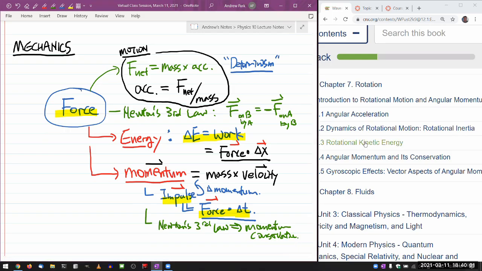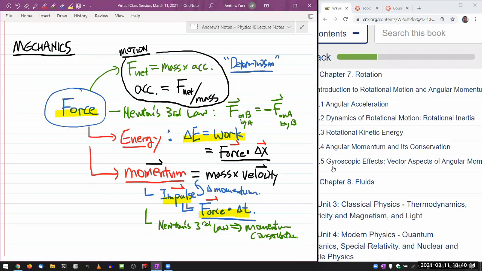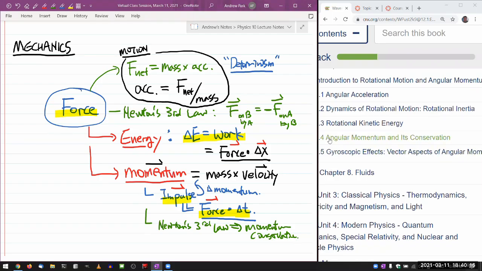I think rotational kinetic energy is relatively simple, and that connects to the linear kinetic energy, and the angular momentum and its analogous relationship to momentum, and how momentum relates to force, and how angular momentum relates to torque.